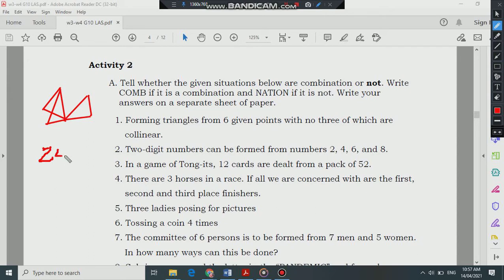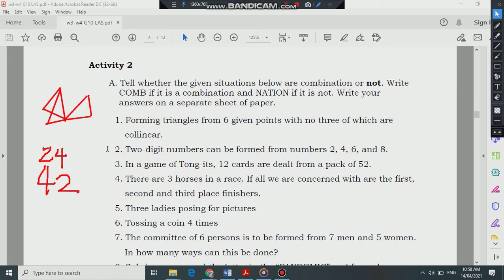It is a bit difficult, so it is easier if I use my writing pad. We can also have 42, which is also a 2-digit number. We can have 46, 64, 68, 86. We can have 48, we can have 28, and so on.